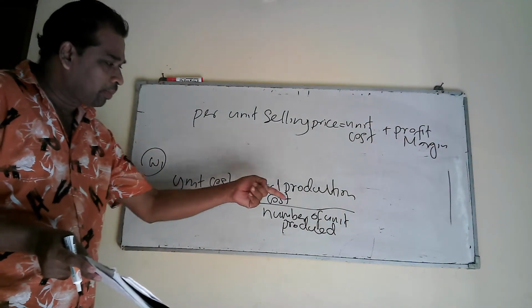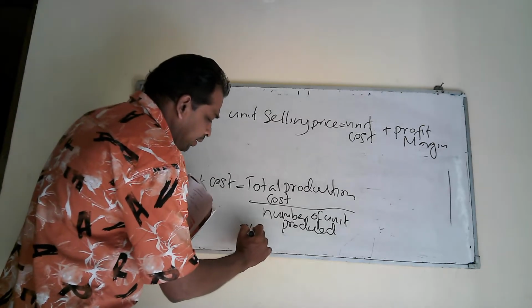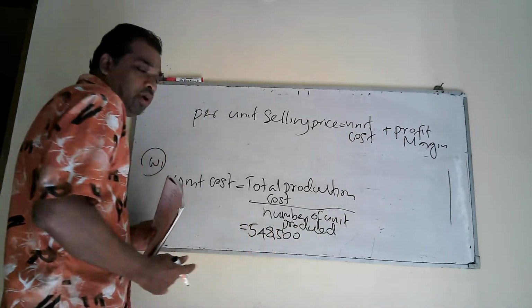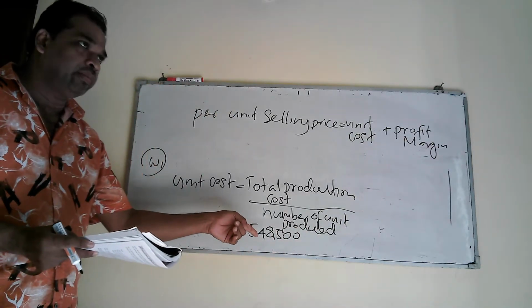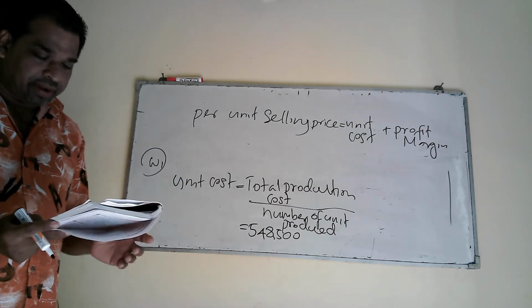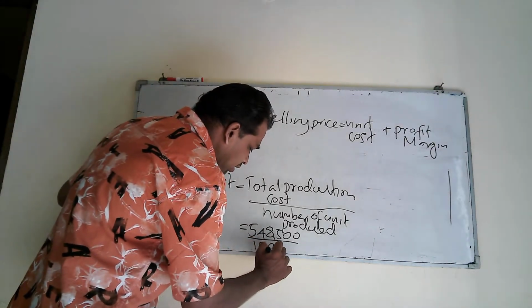Here we got 548,500. That is our total production cost. Then you divide 548,500 by the units they have produced. The company has produced 100,000 units. Then you can just divide by 100,000.